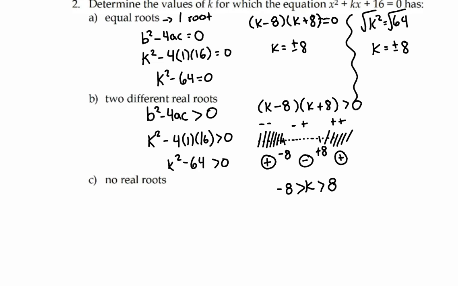So, think of it this way. If I actually rearrange the inequality to k squared is greater than 64, what numbers would make this greater than 64? Another way to think about it, instead of doing all this: if I put in a 0, would 0 be greater than 64? No. We know our critical values are plus or minus 8.